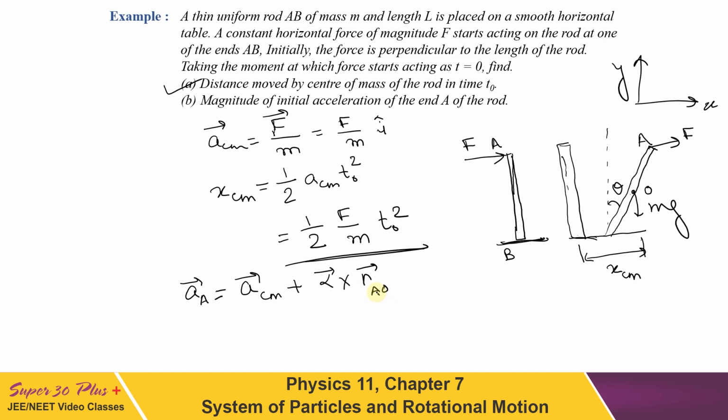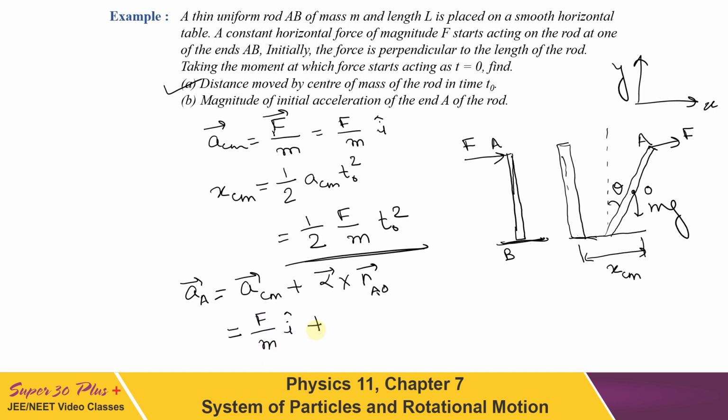So the acceleration of A can be written as the acceleration of center of mass plus the rotation of A with respect to center of mass, that I have written here as alpha cross r. Already we have acm, that is F by m i, plus alpha, which we have to calculate now.